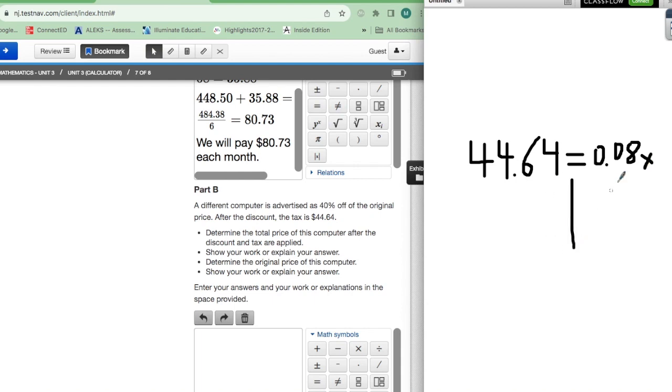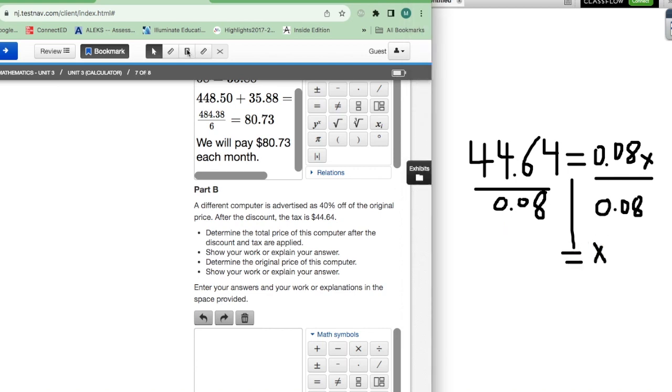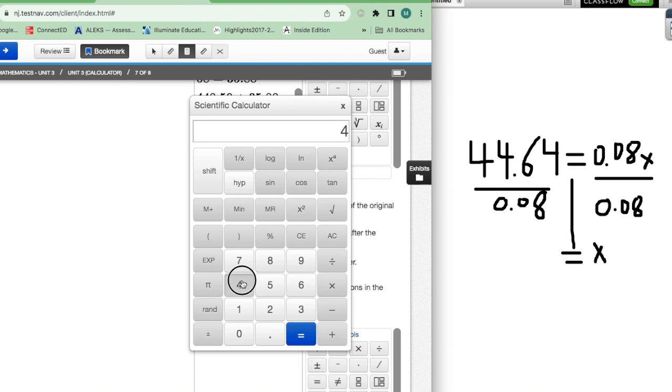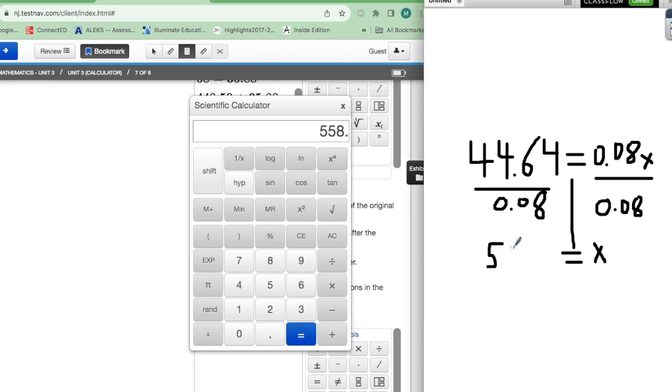To determine what the price is after the discount, we have to divide by that 8% this time. Tricky. But we're going backwards. We're reversing everything we did before. And this is where this one gets a little tough, but we can do it. 44.64 divided by 0.08. So the price of this computer after the discount is $558.